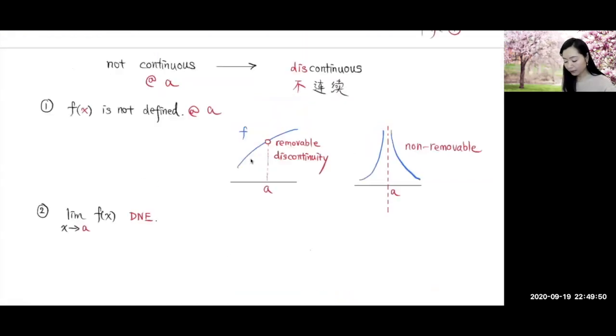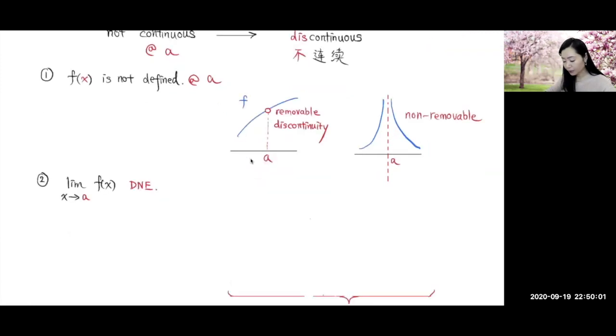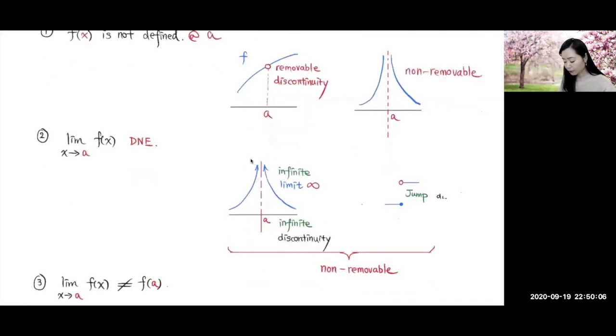Another case where the function is not continuous at a is when the limit does not exist at a. Let me give you one example. In this example, the limit as x approaches a does not exist, because it's not a real number.